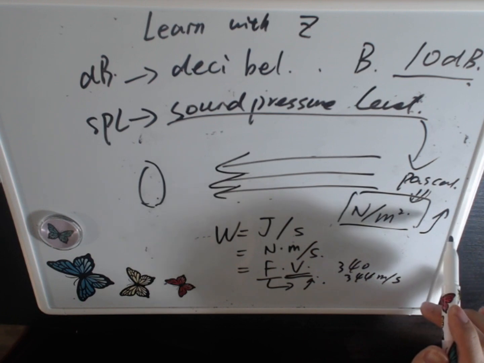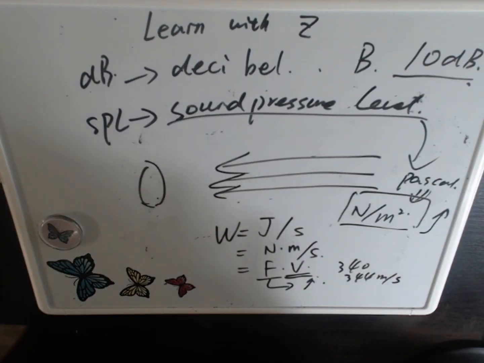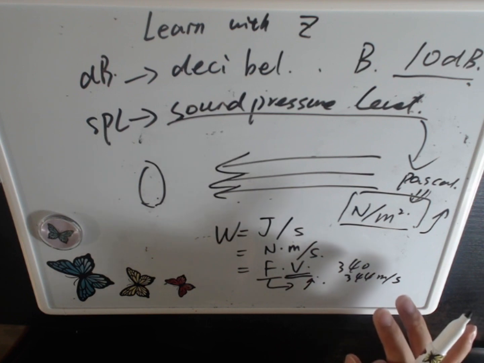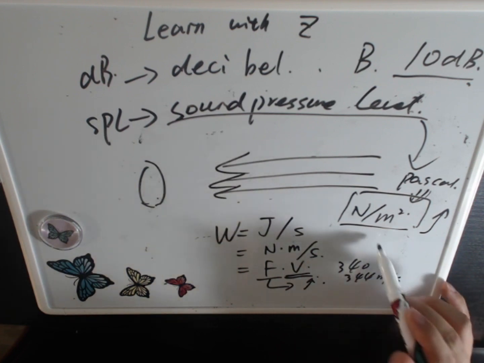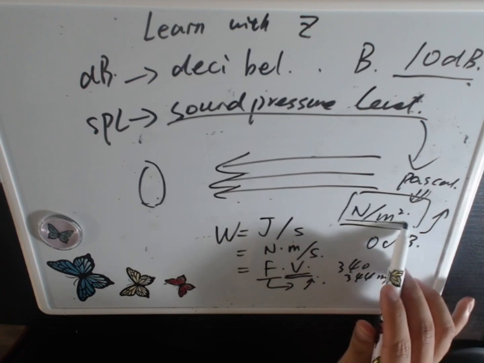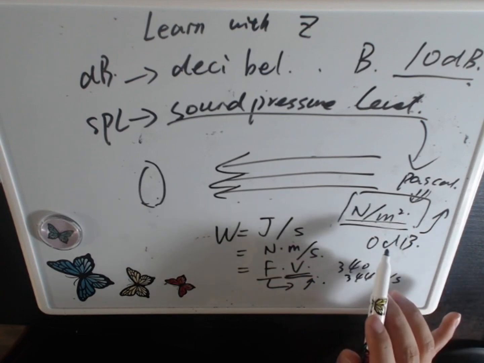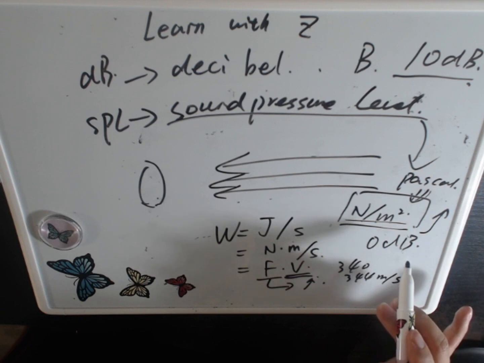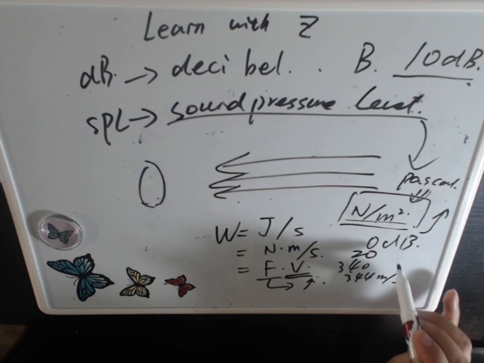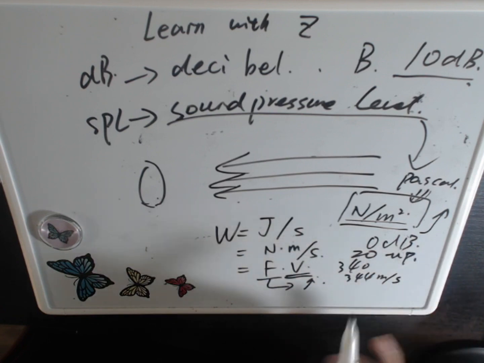When this reaches a certain level, our ear will tell our brain, hey, this is a sound. So that's 0 dB. I'm not sure what this Pascal value is, but I remember a number is 20 micropascal.